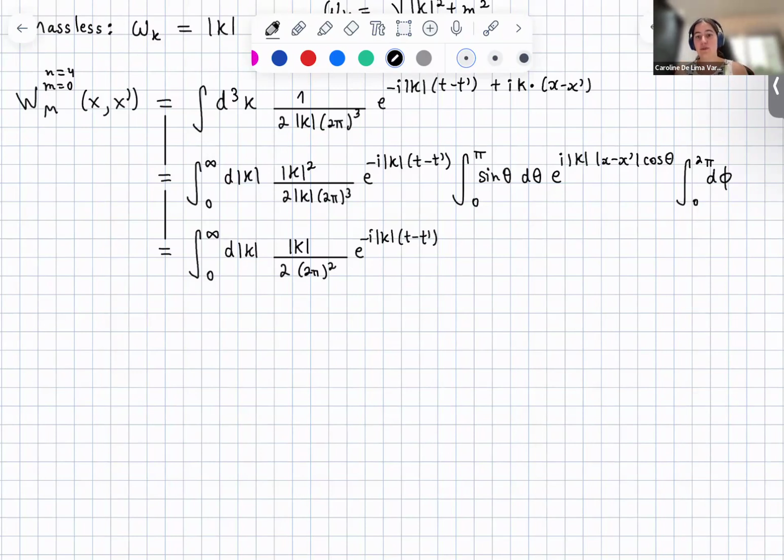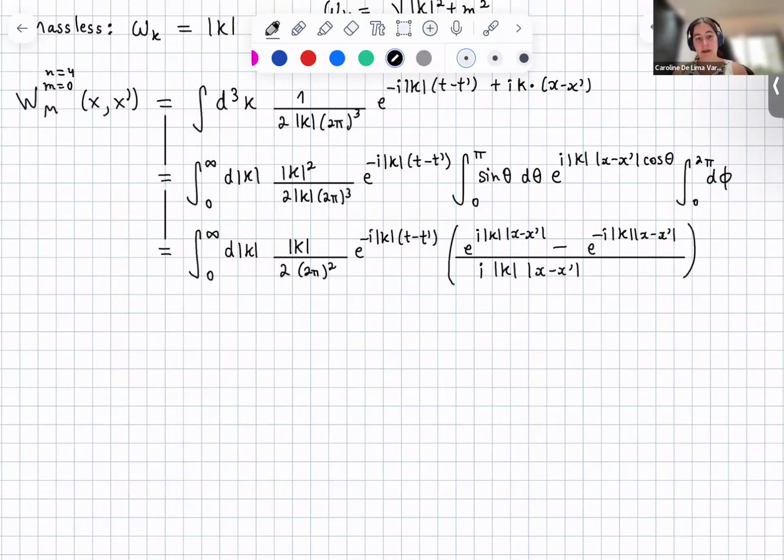And now if I perform this integral over theta, what I'm going to get is i norm of k, norm of (x minus x prime). And then here I have a term that is i k (x minus x prime) minus the negative, the conjugate of it. So this is the term that I get.